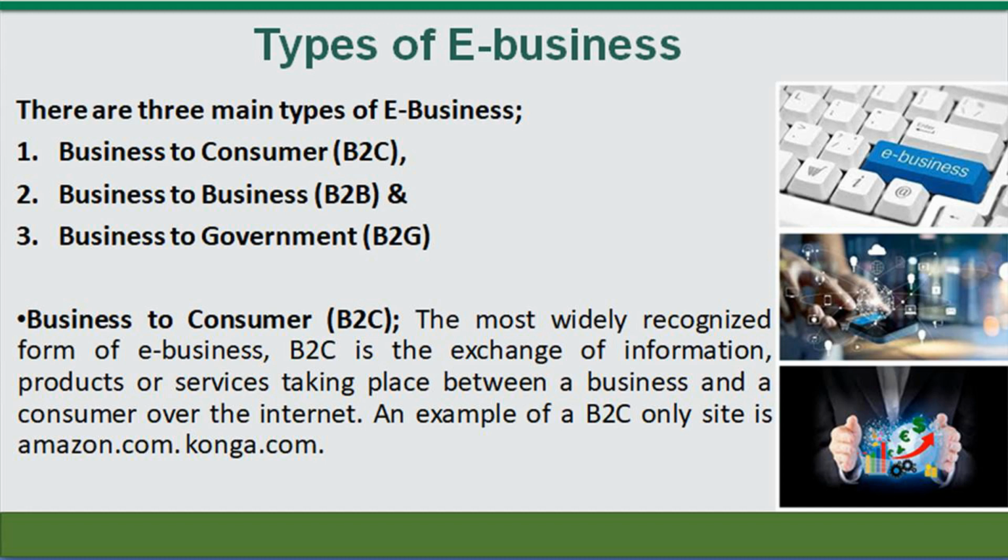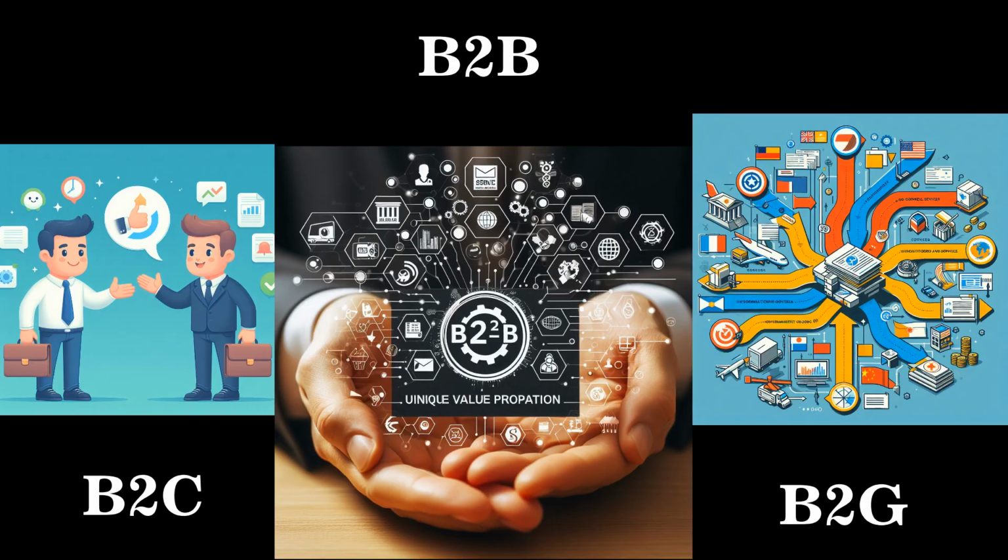Types of e-business. There are three main types of e-business. One, business to customer, B2C; two, business to business, B2B; and three, business to government, B2G. Business to customer, what does it mean?